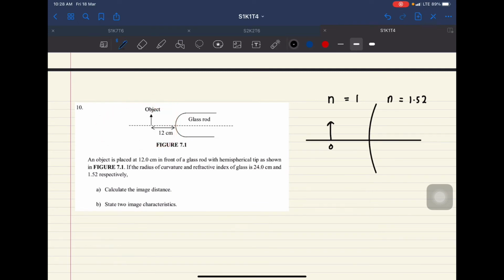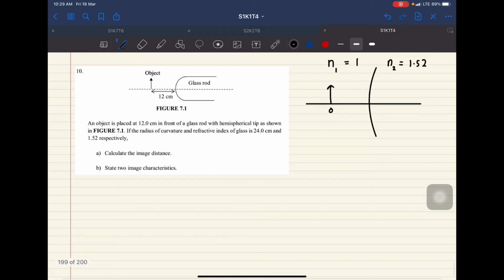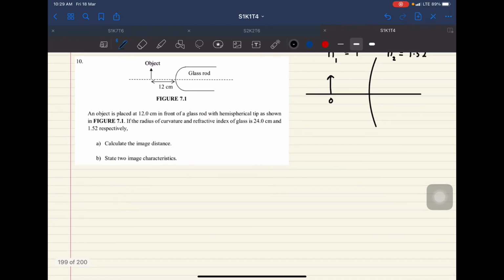And then, like I told before, you have to determine which one is N1 and which one is N2. N1 is at the position of the object. N2 is at the opposite position. So this is N2 and this is N1. Okay. So basically you want to apply the formula. You have one particular formula, so you already determine N1 and N2.